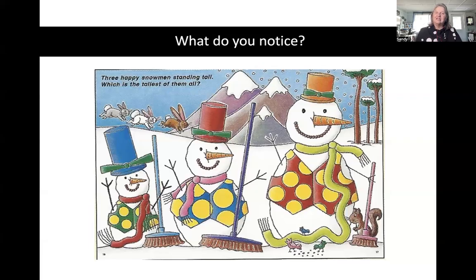We've got the longest bow, we've got the shortest. They happen to go with the hats, but you don't have the shortest broom width with the shortest snowman. Notice the shortest width of the broom is with the tall snowman. Look at the carrots for their noses. Notice the 3s and everything.